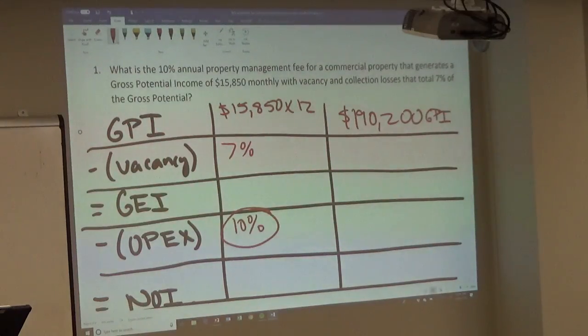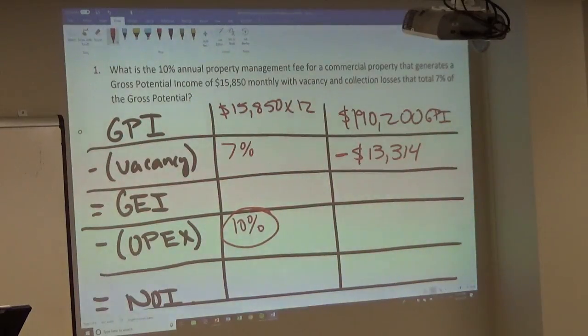Well, they told us our vacancy was 7%, and it's always 7% of the gross potential. So times 7% is $13,314 in vacancy. And if you go back to the formula, we know that's minus. That's a minus over here. So minus $13,314 in vacancy.